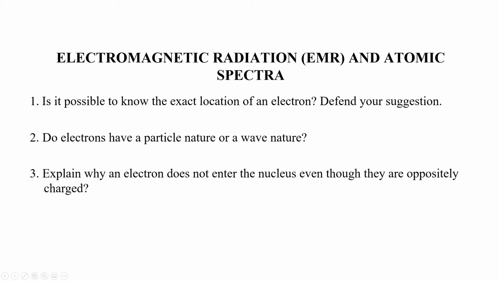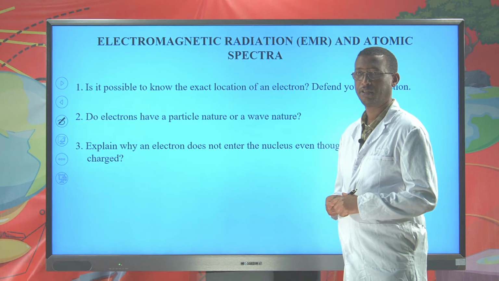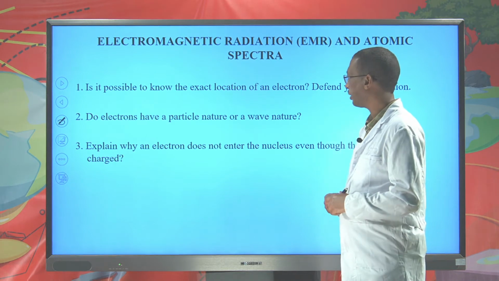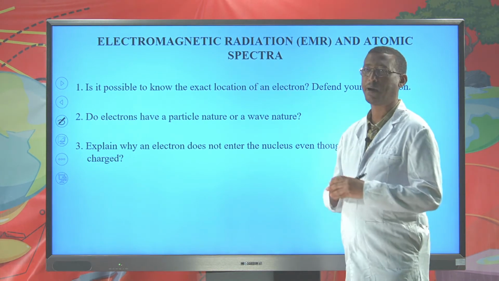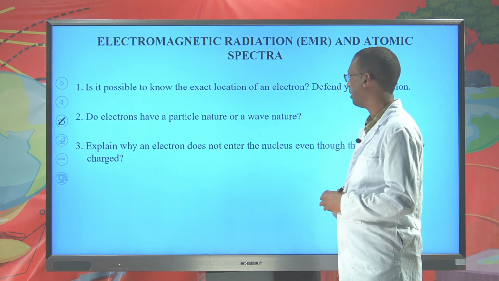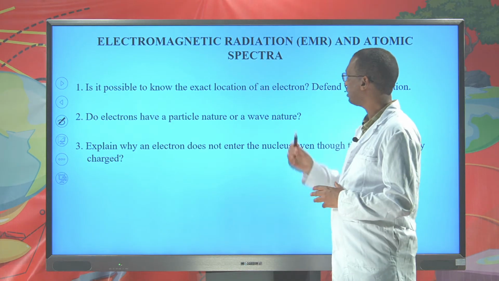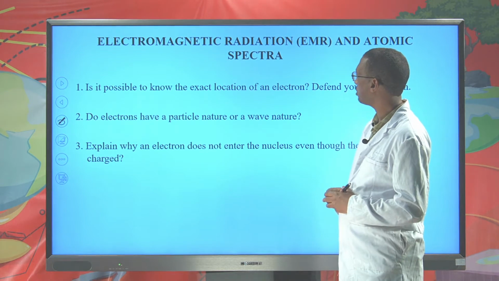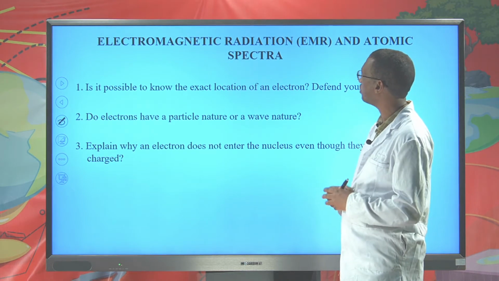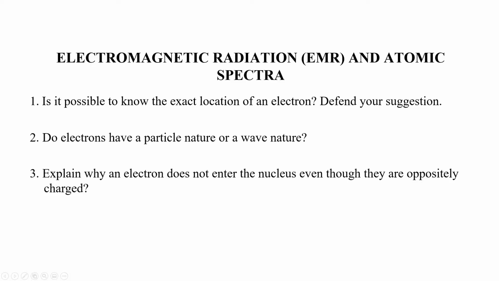Do electrons have a particle nature or a wave nature? Electrons have both particle and wave nature. Explain why electrons do not enter the nucleus even though they are oppositely charged. So these are points to remember before we discuss electromagnetic radiation.